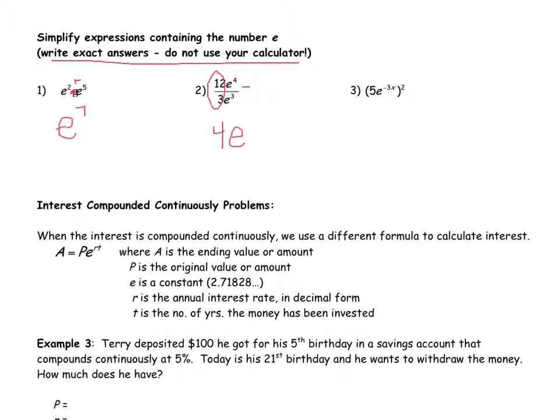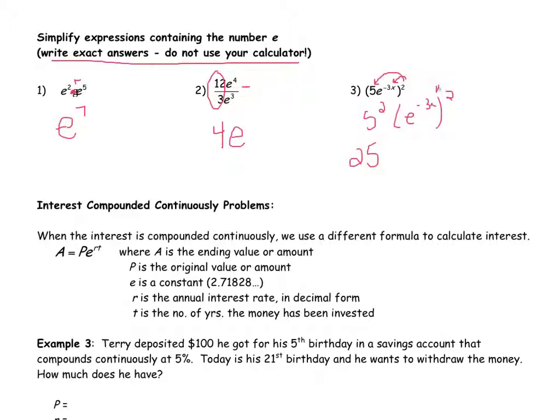Number 3, we have something being raised to the power of 2. Remember that power of 2 is going to go to the 5, and it's also going to go to the e to the negative 3x. So we have 5 squared, which is going to give us 25. And then we have e to the negative 3x getting raised to the power of 2.